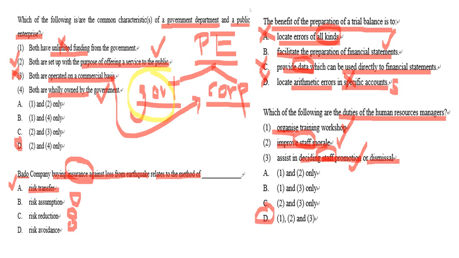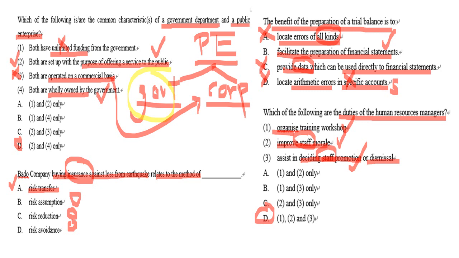Let us revise risk assumption. Risk assumption means the company assumes all the risk, such as a restaurant taking the risk of losing knives and forks during operation, because the loss is so low that it is not worthwhile to buy insurance, as the premium is higher than the losses.